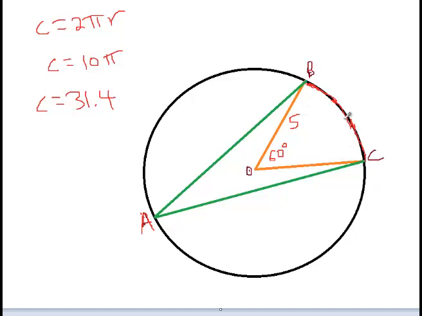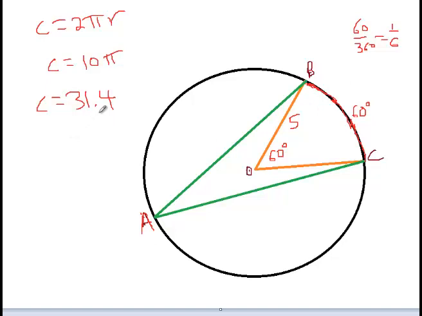Okay, now, arc BC is what percentage of the circle? Let's figure it out. The entire circle is how many degrees? 360. This particular arc is based on a central angle, which means it takes up what percentage of the circle? 60 degrees. Remember, an arc is equal to the central angle, so this arc is 60 degrees. 60 over 360 is 1/6. So to figure out what fraction of the entire circumference it is, simply divide by 6.